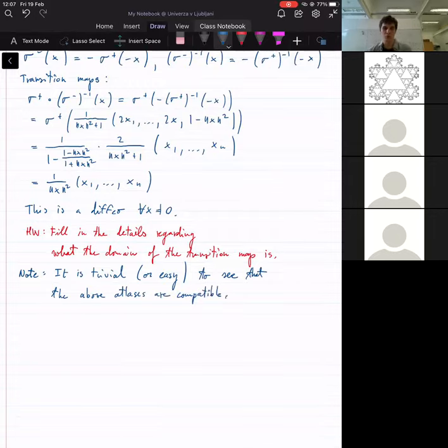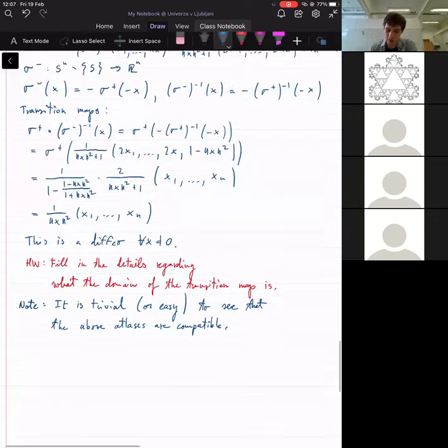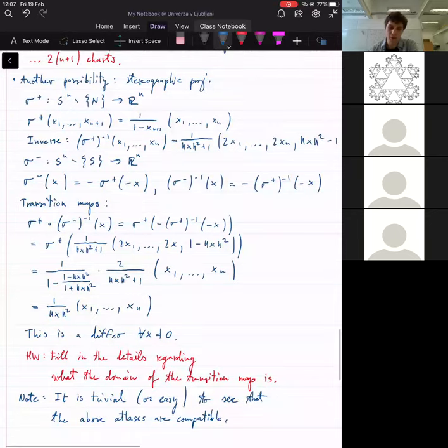So this is also maybe for your homework to contemplate on whether the transition maps with respect to the charts given in the first case and then via the stereographic projections are diffeomorphisms, right?